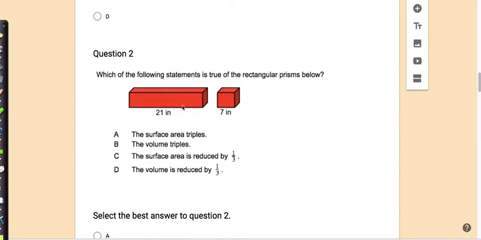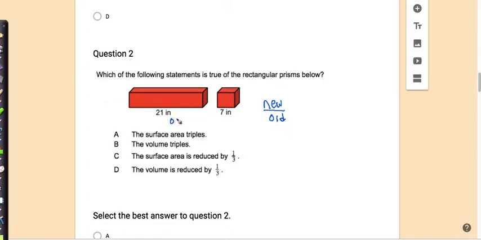Which of the following statements is true of the rectangular prisms below? Okay, so you got to think back to what we learned. To find a scale factor, we do new over old. So we know that the length changed from 21 to 7. So remember what I told you.